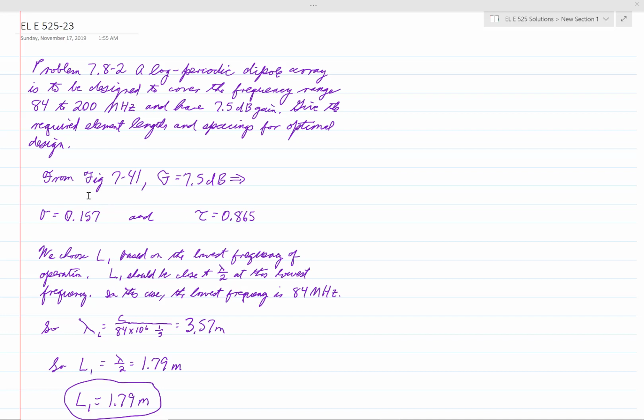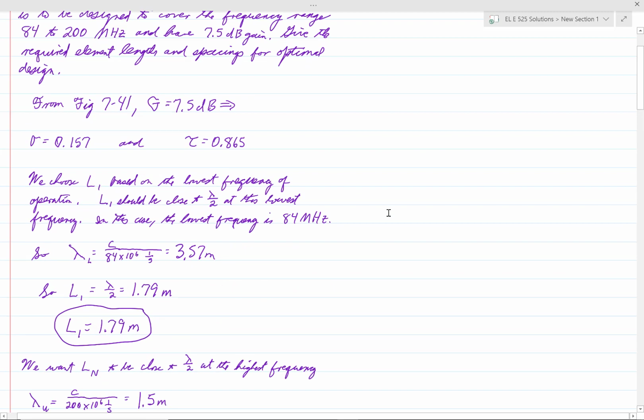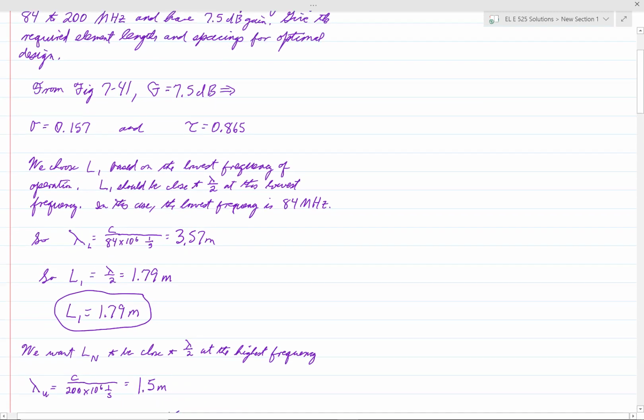In this case, for a gain of 7.5 dB, if you look at the 7.5 dB curve in figure 7-41, and then go over to the vertical axis to find sigma and the horizontal axis to find tau, I think you will find that sigma is very close to 0.157 and tau is very close to 0.865. Now, once you have those two figures, to be honest, you are almost halfway home.